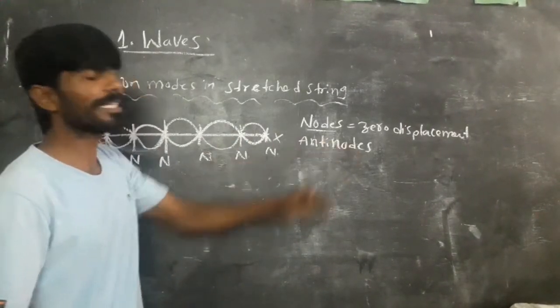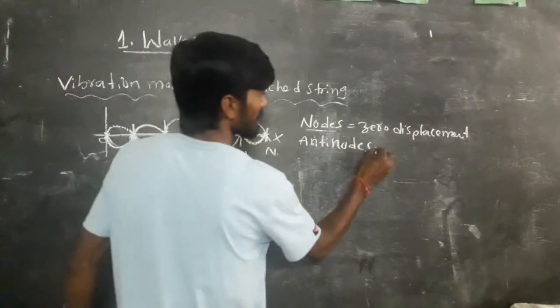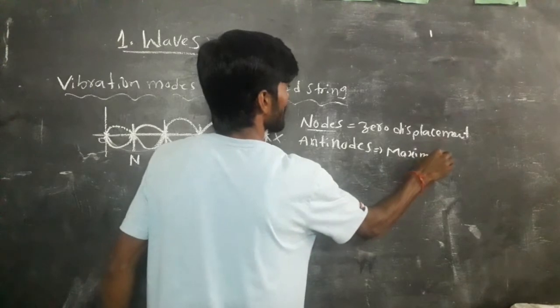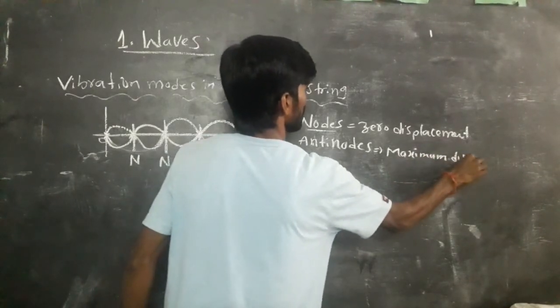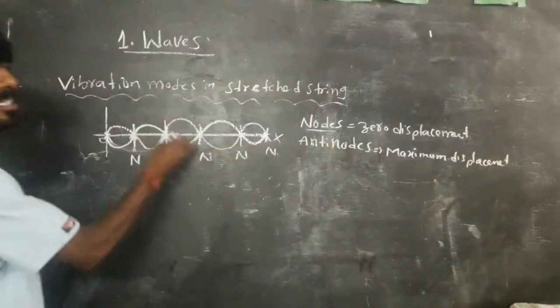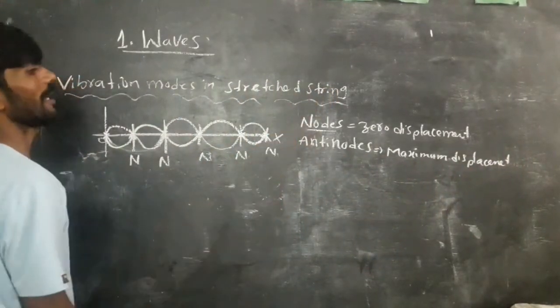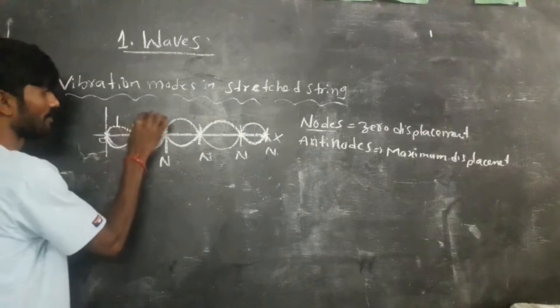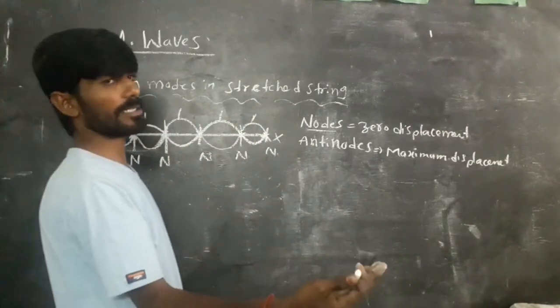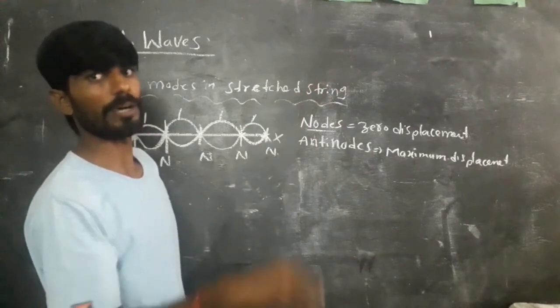And antinodes means the maximum displacement of the point. The maximum displacement of the point in a stationary wave, we call antinodes. These are the maximum displacements. For antinodes, you can take them upward or downward, as you wish.